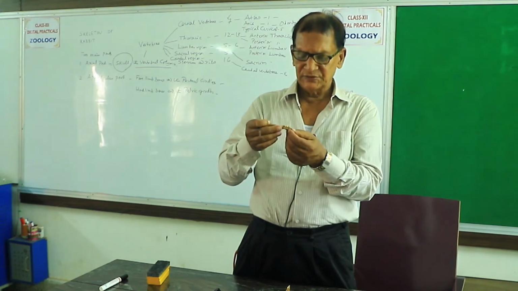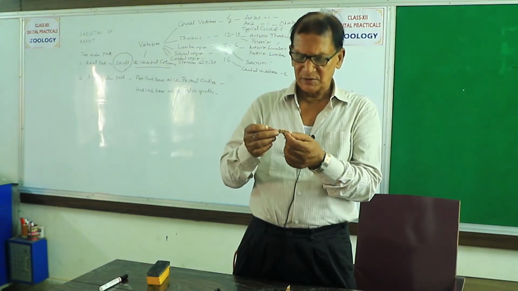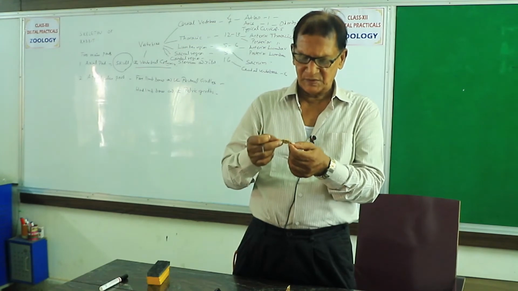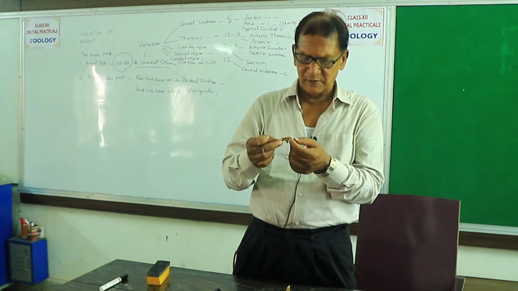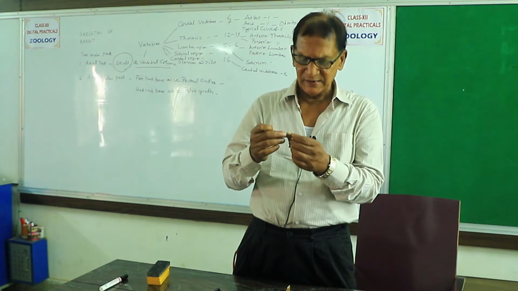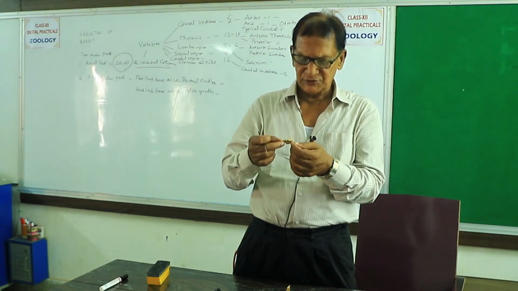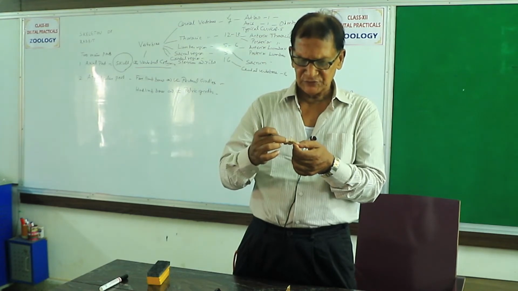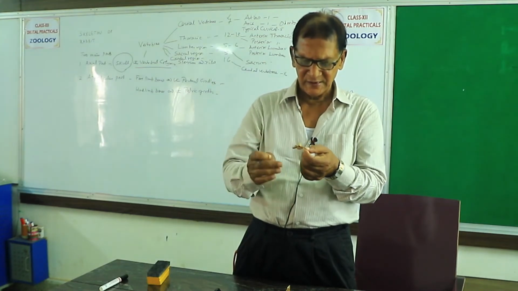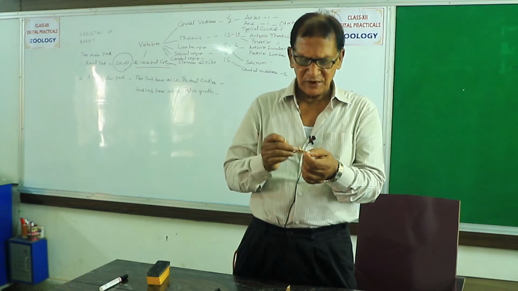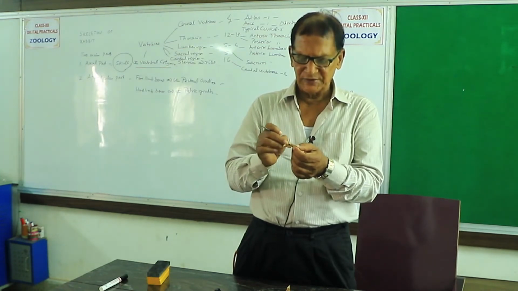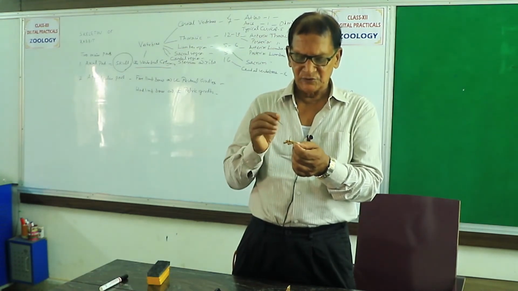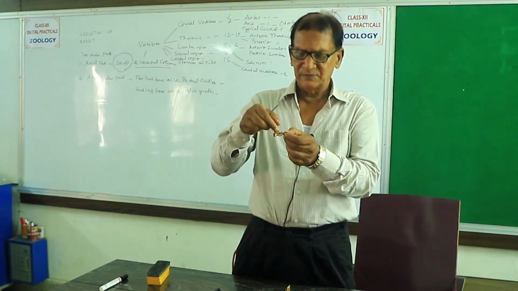Now this synsacrum or compound sacral vertebrae has anteriorly a pair of broad projections. They are the transverse processes. These are the pre-diaphysis. So pre-diaphysis are present anteriorly, but the post-diaphysis are joined with the pre-diaphysis of the next vertebrae.